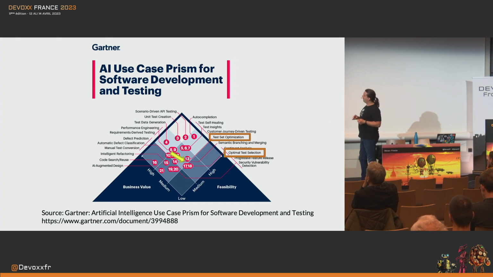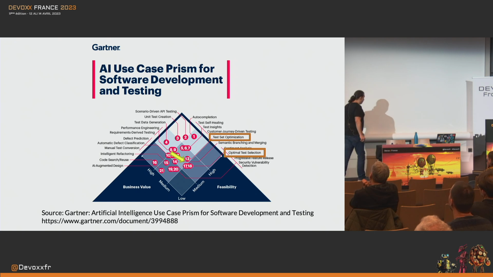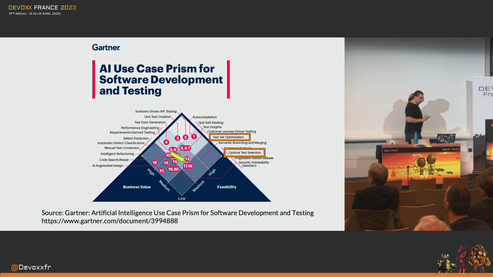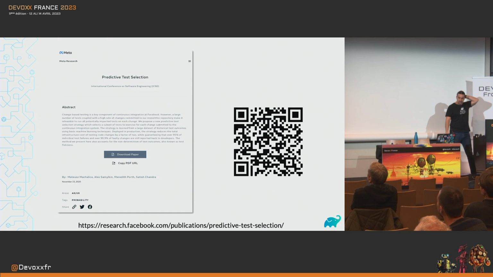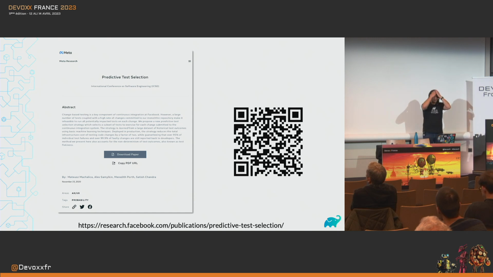Look at where they have said the AI use case for software development and testing sits, right? There's a lot of this, but we're focused on test set optimization and then optimal test selection here. These two things are what we're going to focus on for this bit of the acceleration technology. And we're going to focus on a relatively new technique called predictive test selection.